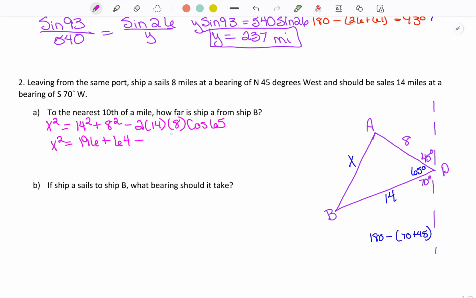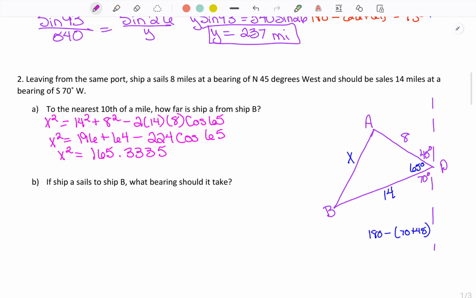And then 2 times 14 times 8 gives you 224 times the cosine of 65. If we put all of these in, we should get 165.3335. And then we're going to take the square root. So when we take that square root, we get 12.9 miles.